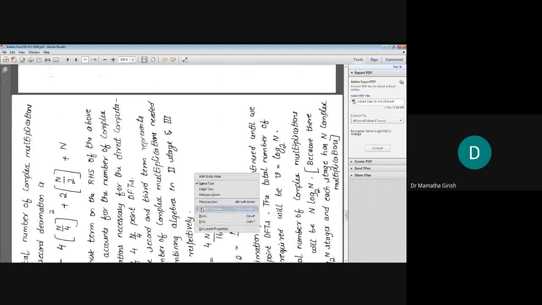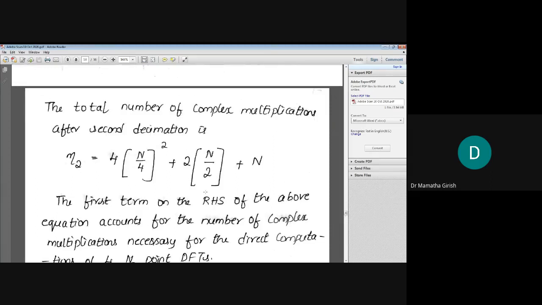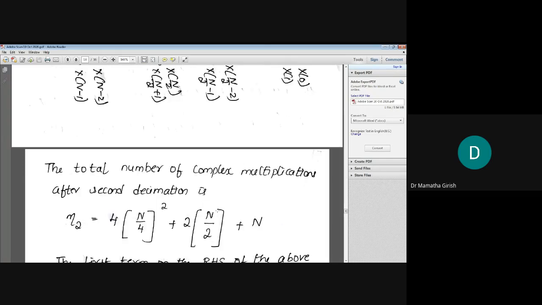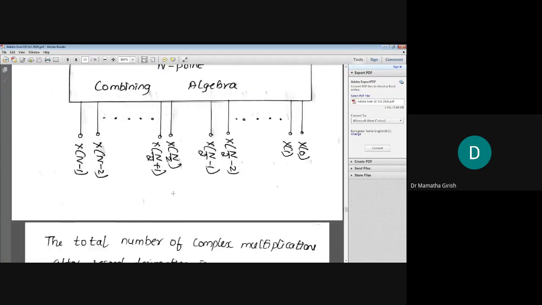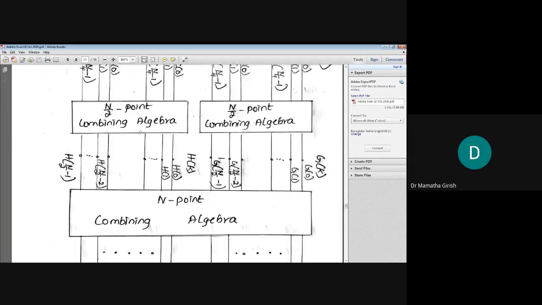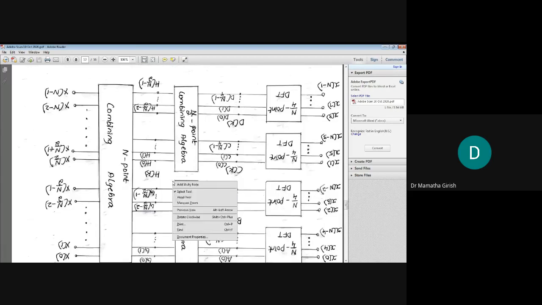Now, at this stage, what is the total number of complex multiplications involved? I'll show from this diagram only. Give me a small pause.